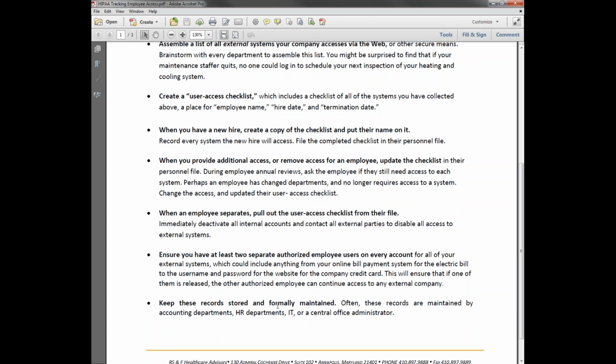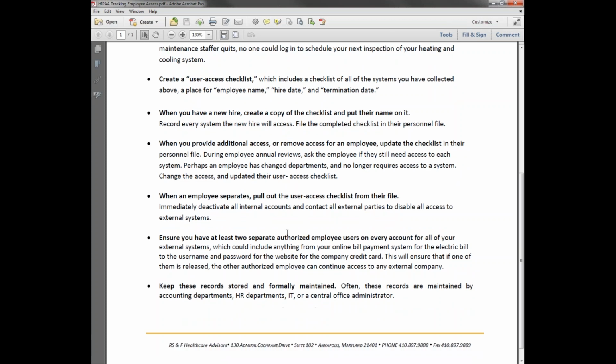Keeping these records stored and formally maintained. Often these records are maintained by your accounting department, your HR department, sometimes by IT, and even sometimes just by your administrator or director internally.